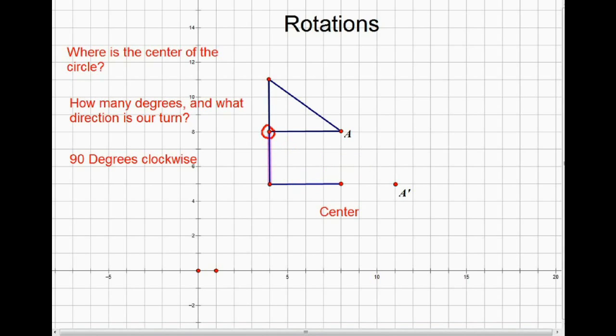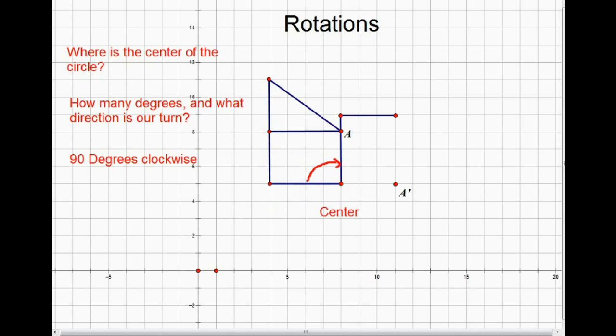So again, you imagine that this is the center of a propeller, and now this L-shaped drawing here is our propeller, and we're going to turn that whole shape 90 degrees clockwise, a quarter of a turn clockwise. And so when we do that, the propeller ends up looking something like this.